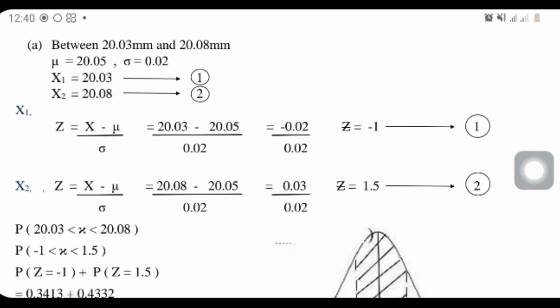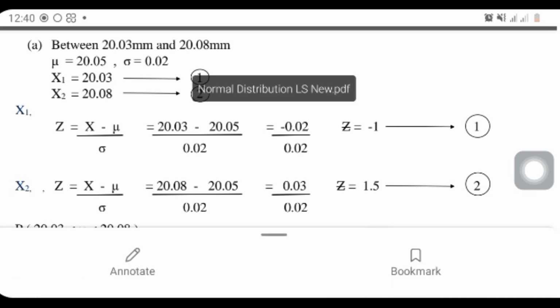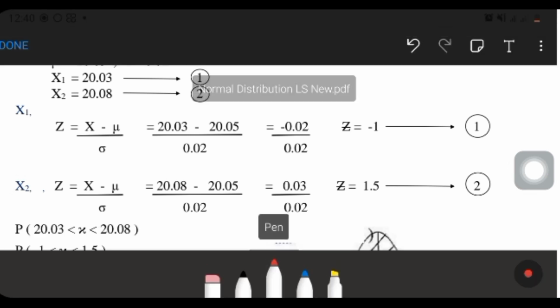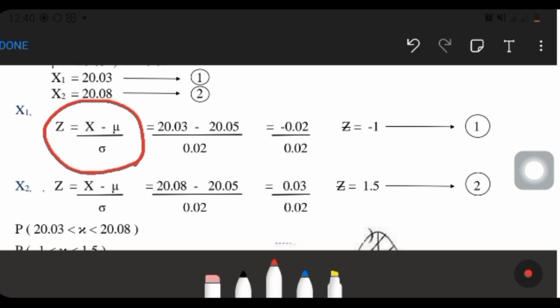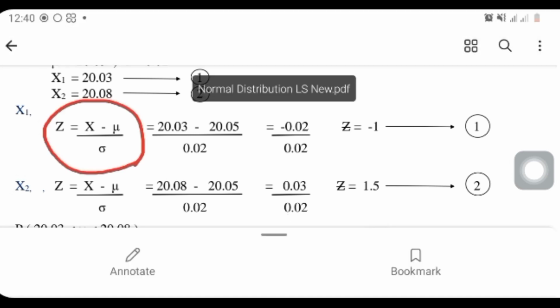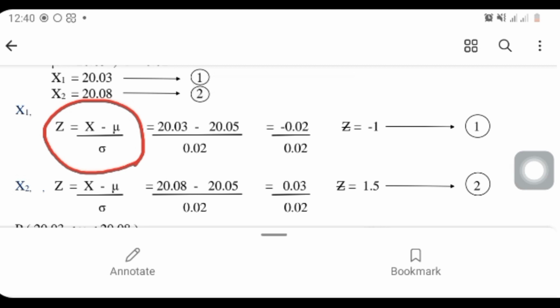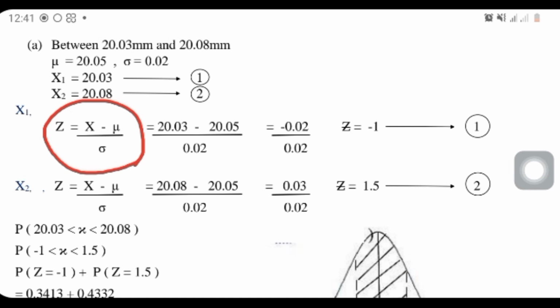Let's find the value of z with respect to x1. We use this formulation to calculate the z value for x1. I mentioned that formulation earlier; it is really important for solving calculations using the normal distribution. x1 is 20.03, mu is 20.05, and the standard deviation is 0.02.